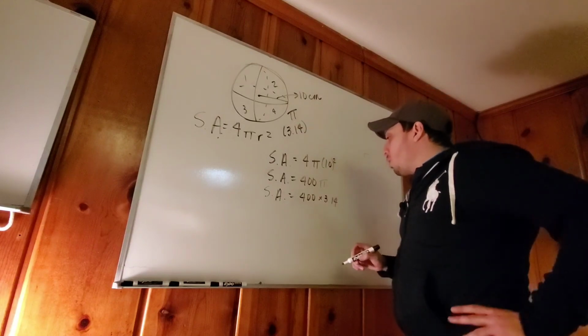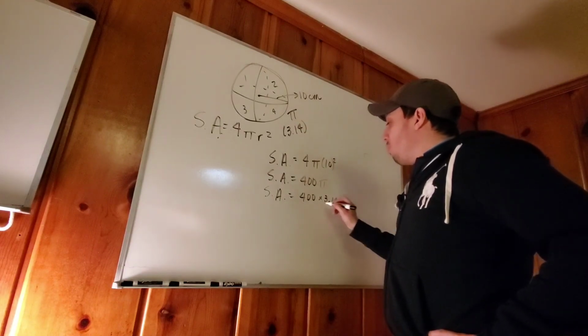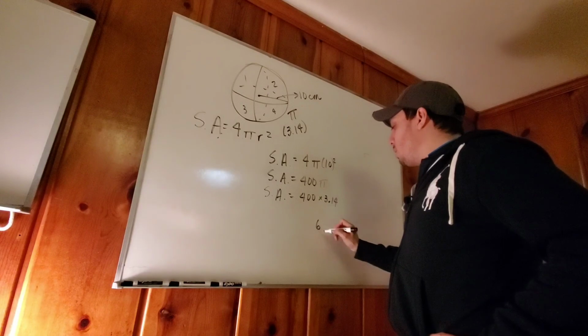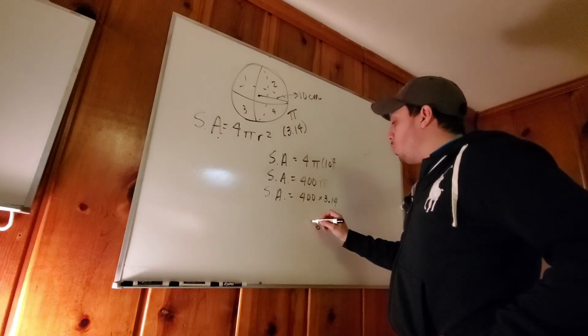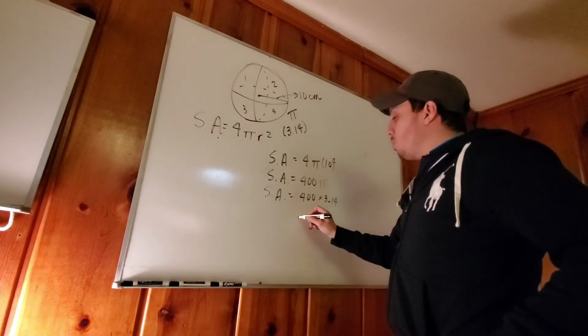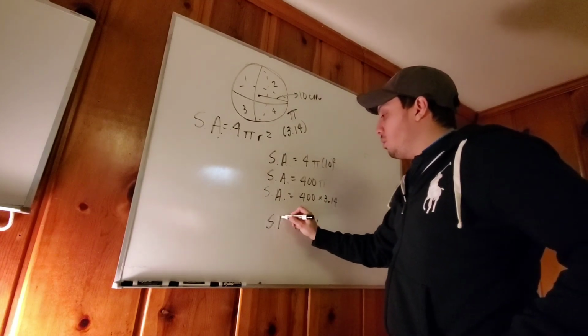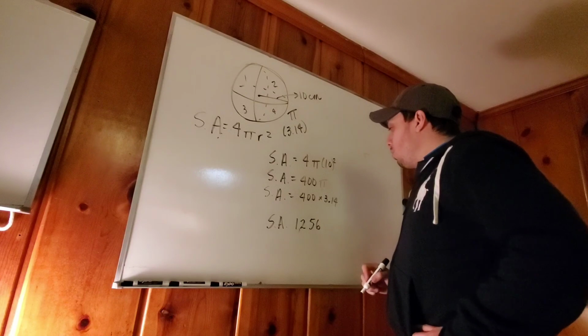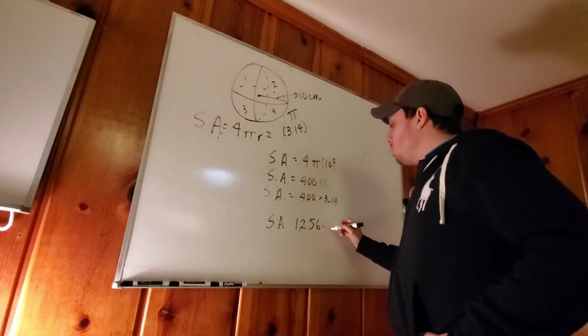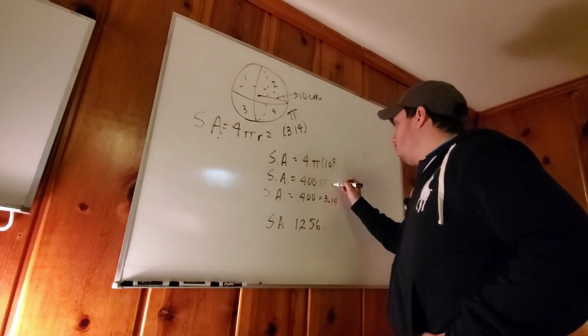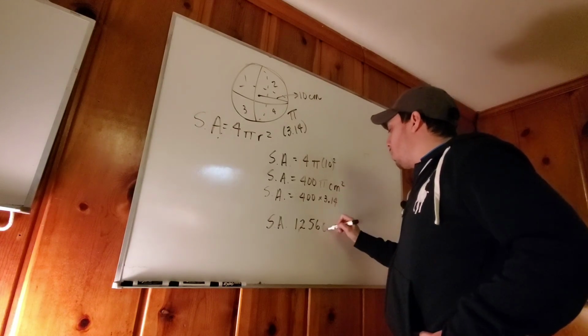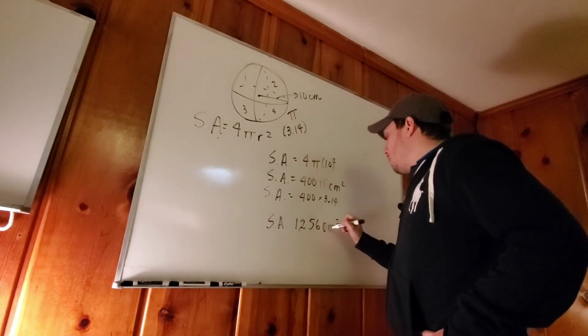So 4 times 4 is 16, so 6 and a 1 goes up. 1 times 4 is 4, plus 1 is 5. And 3 times 4 is 12. Our surface area is going to be 1,256. Oops, forgot centimeters squared.